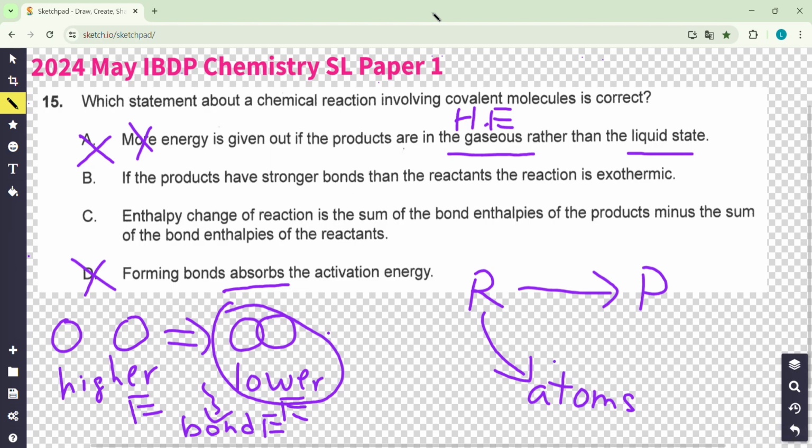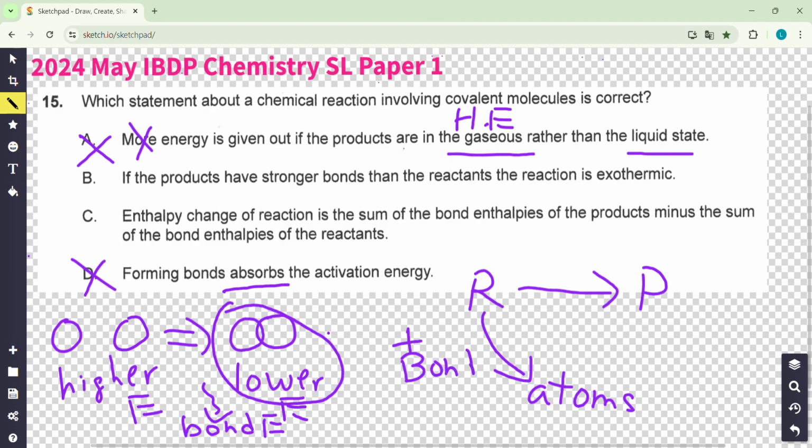Does enthalpy increase or decrease? Look here, from bonded to no bond, right? So energy increases by what amount? The bond enthalpy.